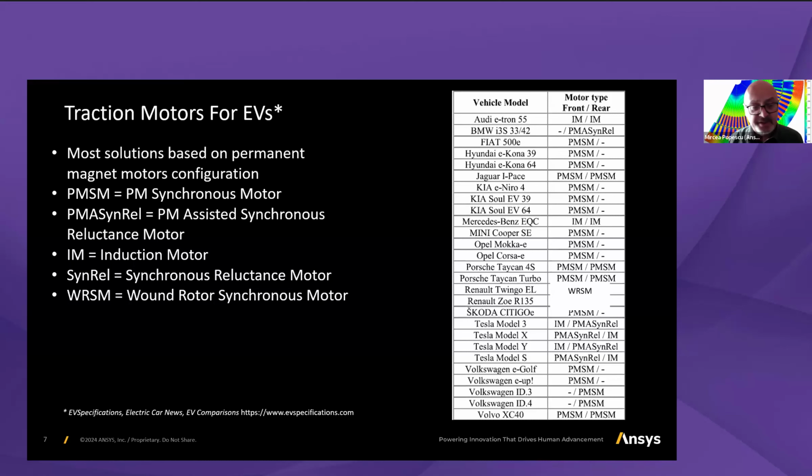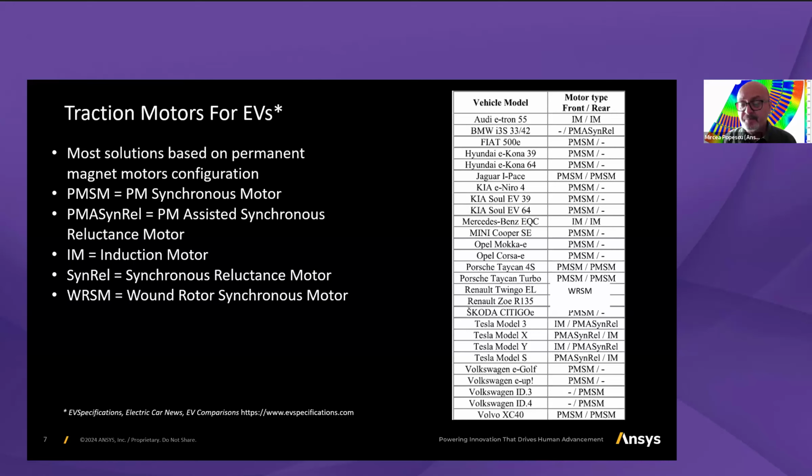From the e-mobility point of view, traction motors for electrical vehicles, there are different solutions already on the market. Most of them are based on permanent magnet synchronous machines. And you can see here a list of some of the topologies. In a few cases, you may find induction machines.